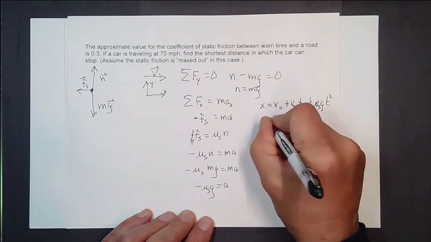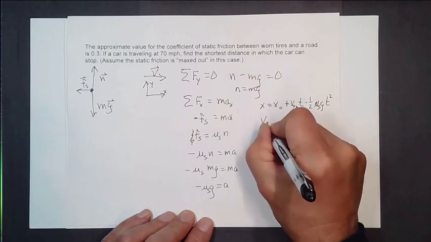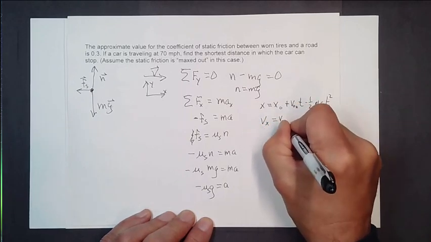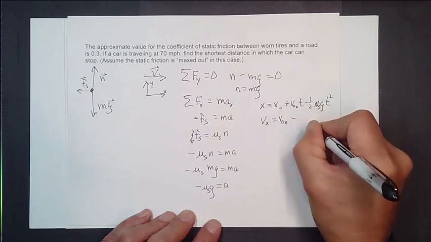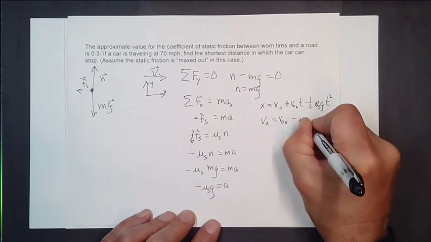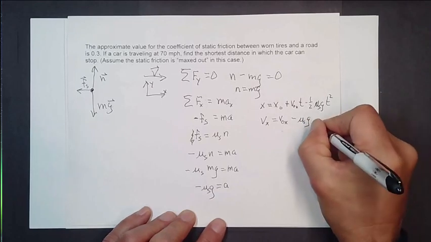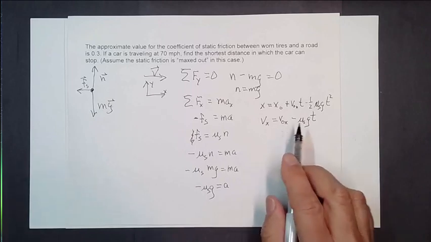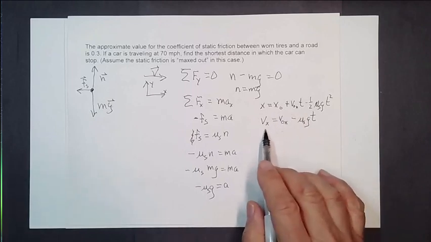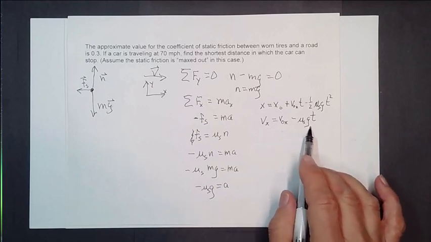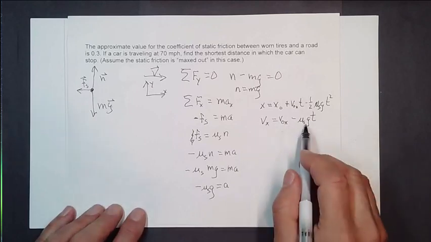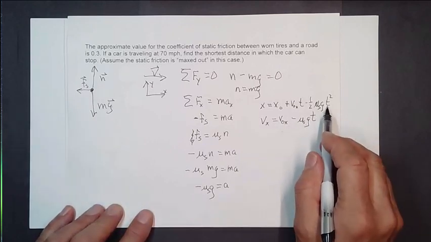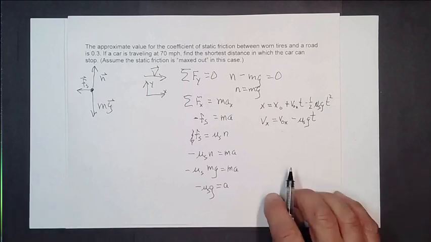I'll also have v sub x equal to v naught x minus at, but a is mu sub s g, times t. Now, if I was to solve it using these, I'd want v sub x to be 0 when it stops, and I could solve this expression for the time. So I could get the time, and then I'd have to come back and plug it into this equation. But I'm lazy. I like to do things simpler.